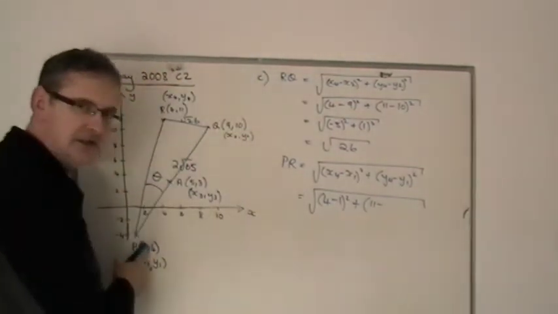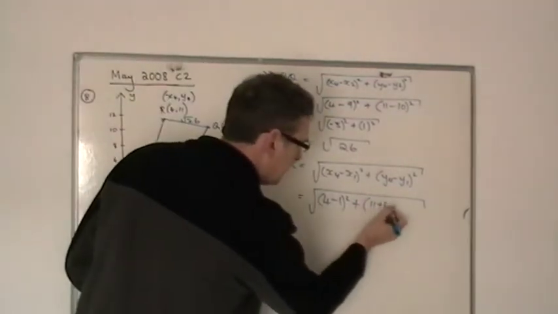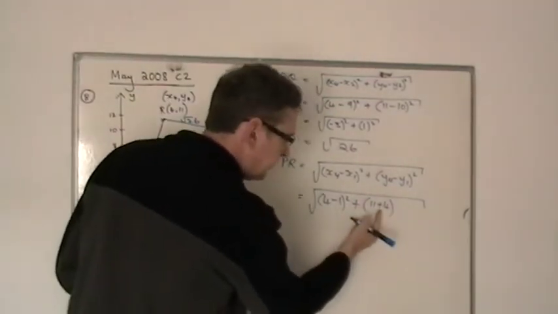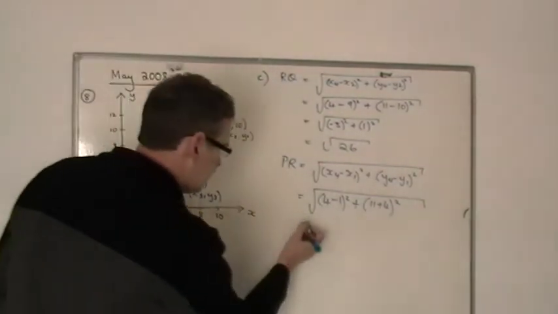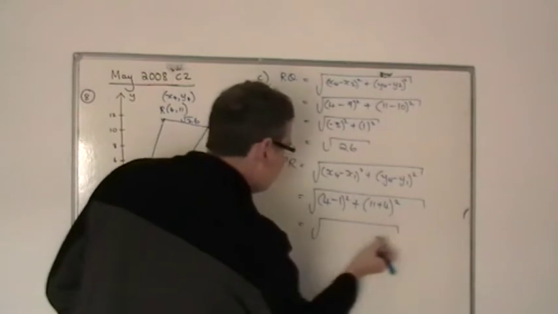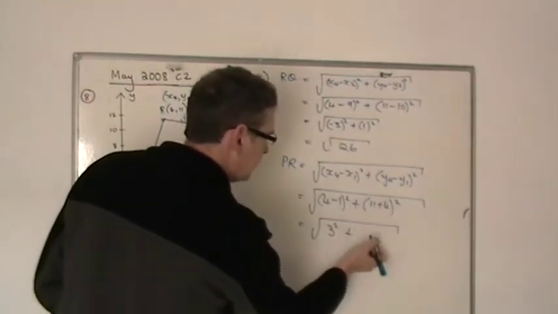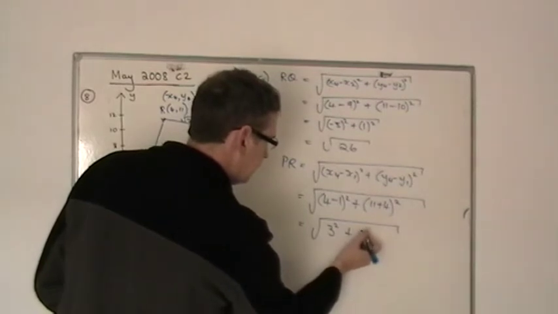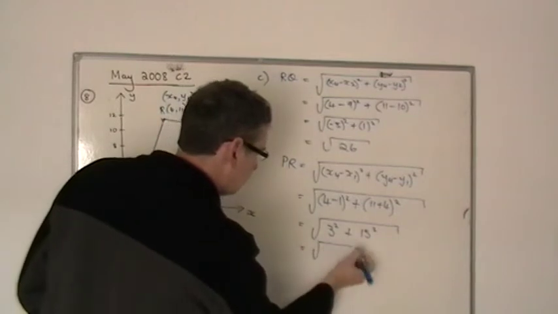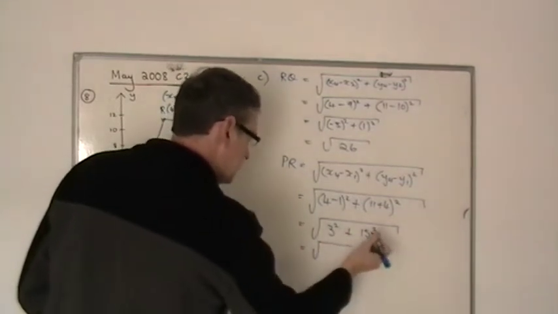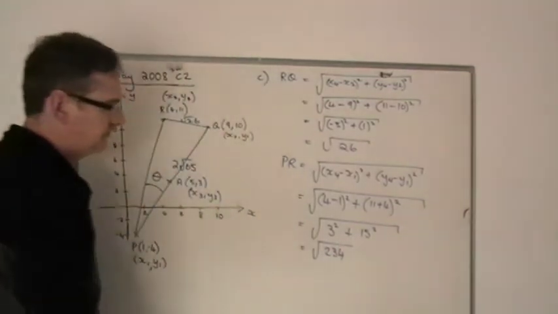Be careful, it's take away minus 4, so that actually becomes a plus 4. There's a double negative going on there. Squared. So this is the square root of 4 take 1 is 3 squared plus 11 plus 4 is 15 squared. So we end up with the root of 9 plus 225, and that's 234.